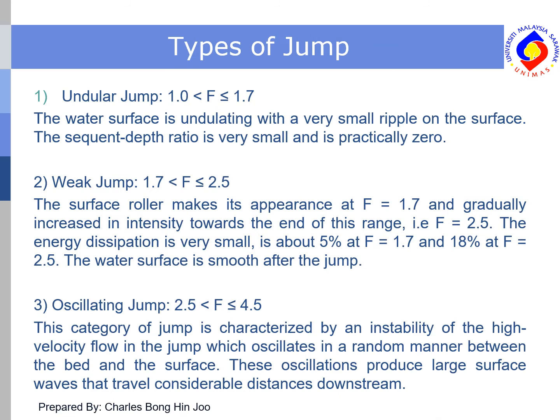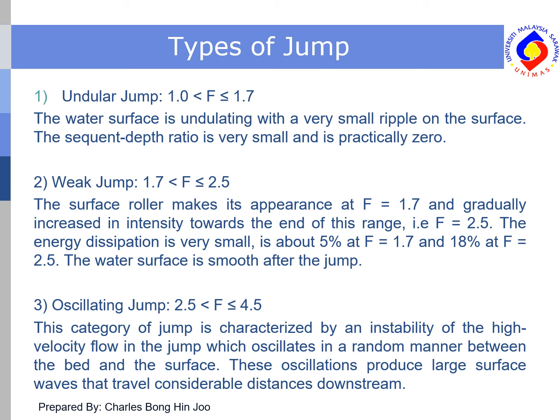In terms of the type of jumps, this actually depends on the value of the Froude number. If the Froude number is between 1 and 1.7, this is what we call an undulating jump. In this case, the water surface is undulating with very small ripples, and the sequent depth ratio is very small, practically 0.